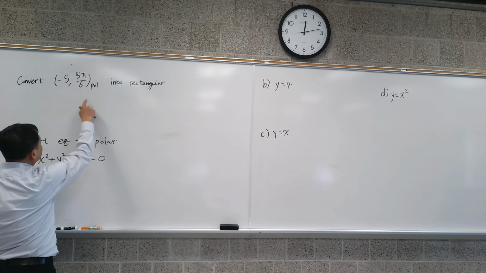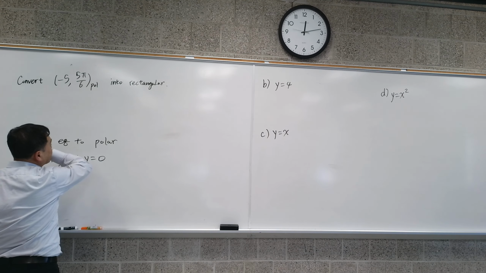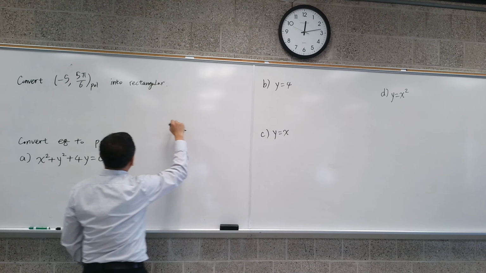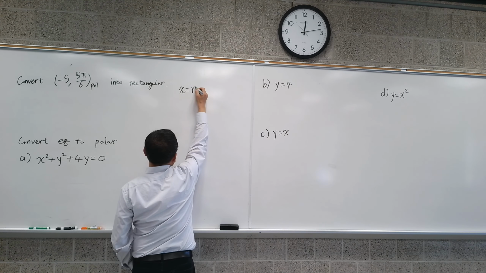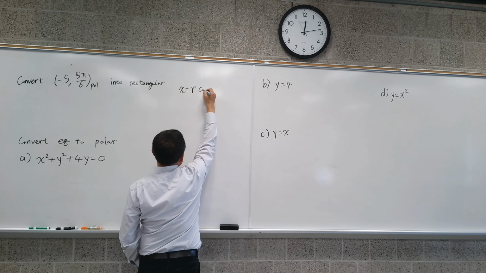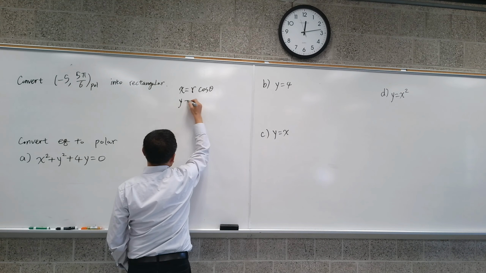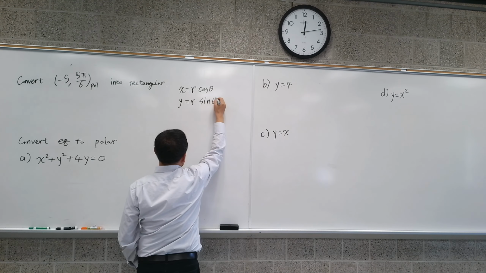To go from polar equation to rectangular, you need to use the formula that x is equal to r cosine theta and y is equal to r sine theta.